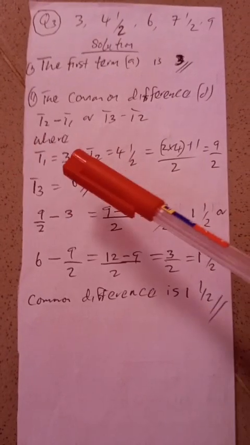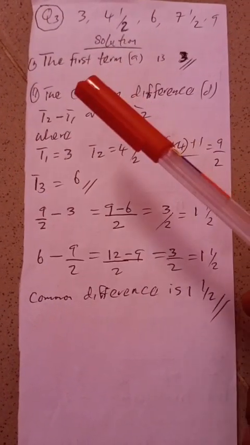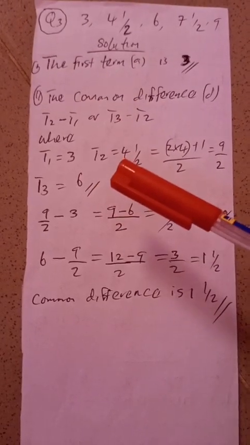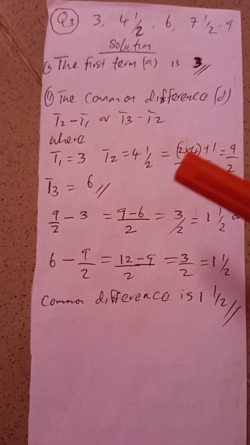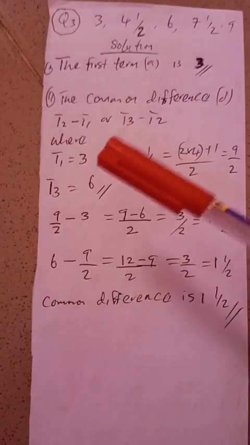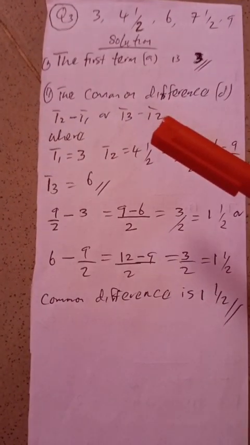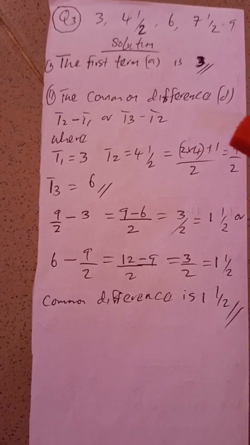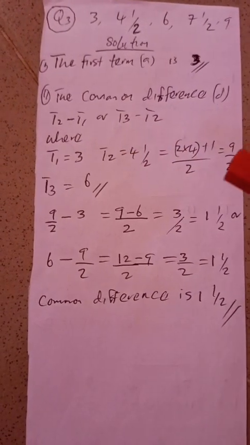We say T2 minus T1 or T3 minus T2, where our T1 is 3 and our T2 is 4 whole number 1 over 2. So we have to convert it to a fraction first because this is a mixed fraction, by saying 2 times 4 gives us 8. Then you add the 1 at the numerator. Then it will be 2 times 4 plus 1, which gives us 9 over 2. That means our T2 is 9 over 2.